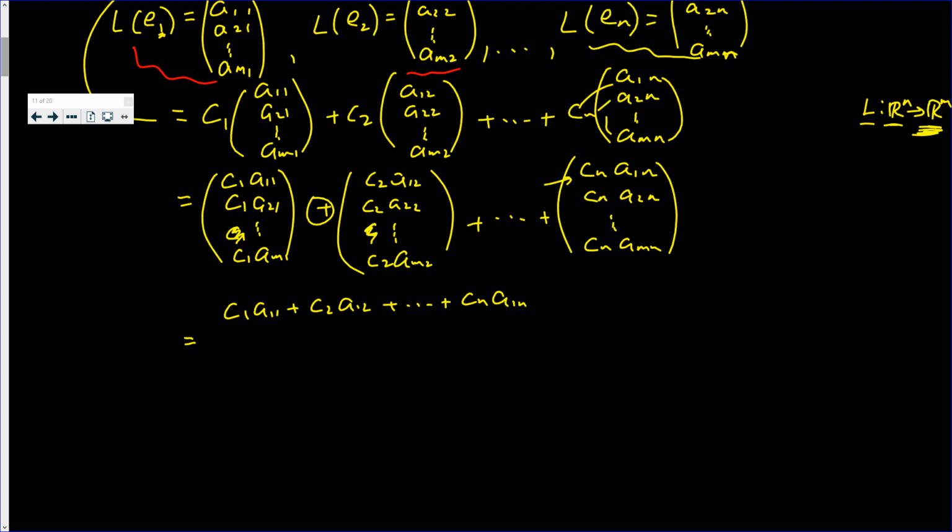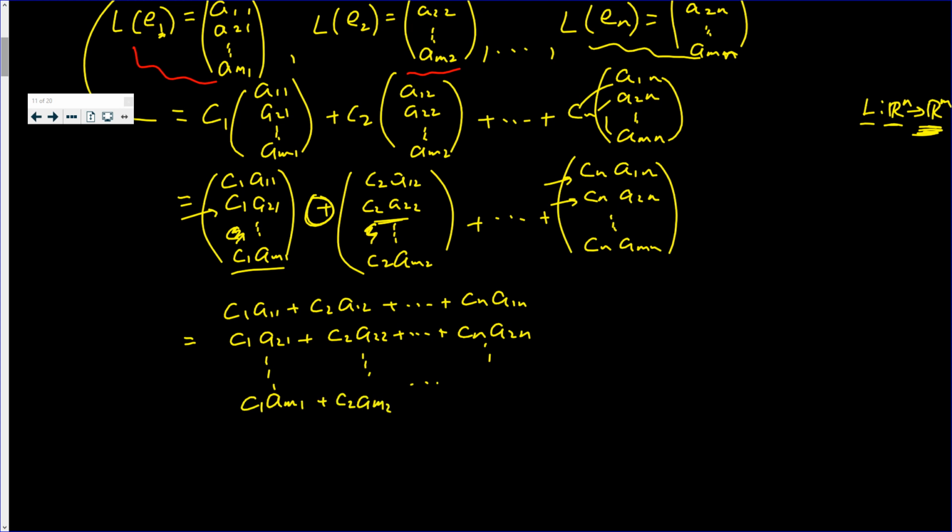And the second row would be C1 A21 plus C2 A22 plus etc. down to Cn A2n, continuing in this fashion all the way to the last one, which is C1 AM1 plus C2 AM2 all the way down to Cn AMN.